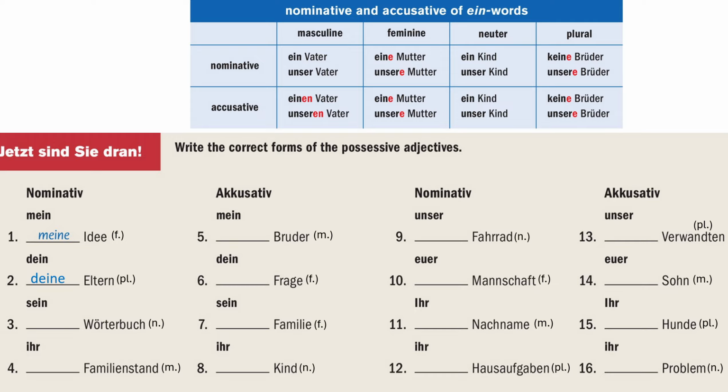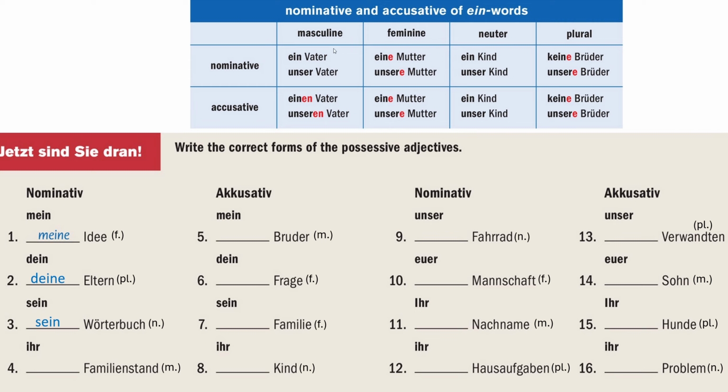Okay, I'm back. I never went anywhere. Okay. Wörterbuch, das ist neutral. And nominative, accusative, it doesn't matter. There's no e there, so it's sein Wörterbuch. All right. Ihr and Familienstand, so this is your family status, like are you single or are you married or whatever.